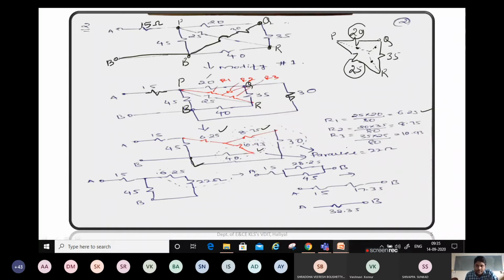Yes. So are you able to get this 22 ohms? How is this 22 ohm coming?